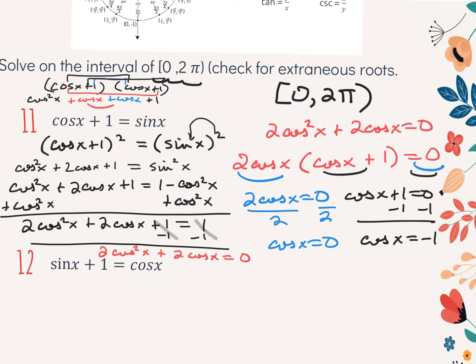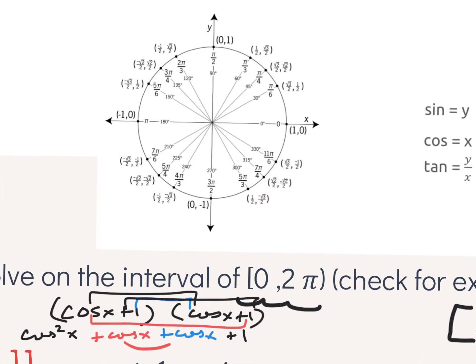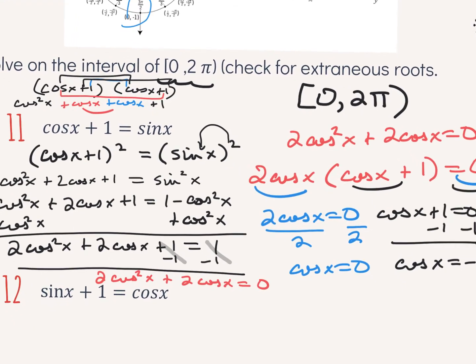So I'm going to figure out where x on my unit circle has a 0. And you can see that it happens at pi over 2 and at 3 pi over 2. So that's what I get for the blue one. So x equals pi over 2 and x equals 3 pi over 2.